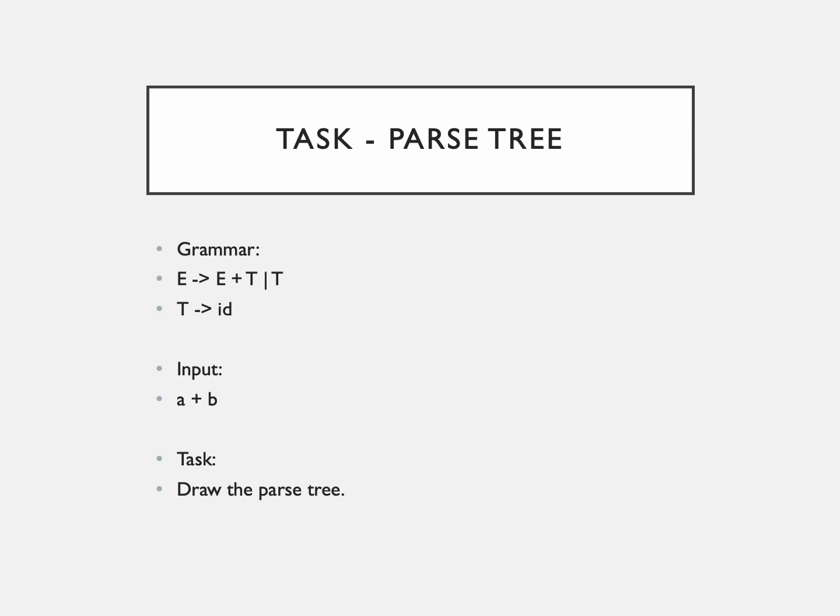These two are class work, will be graded, and you have that in the module. You will submit it in a PDF file. Only PDF files are accepted. So you will have the first task, the tokenization, and then next you will draw the parse tree.